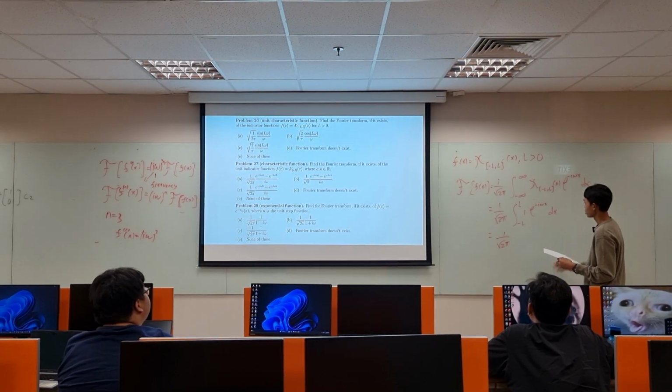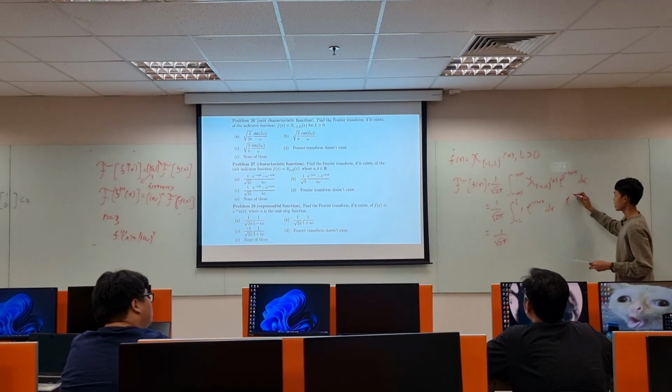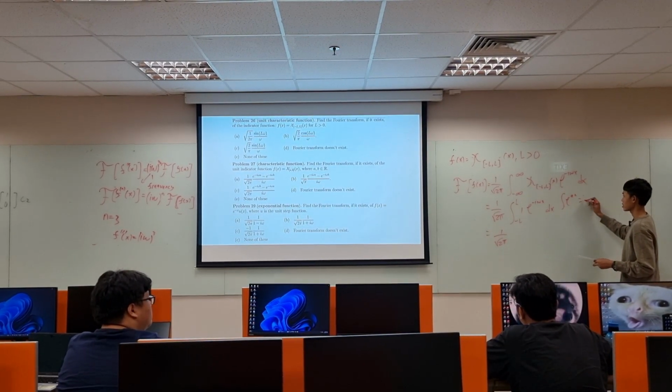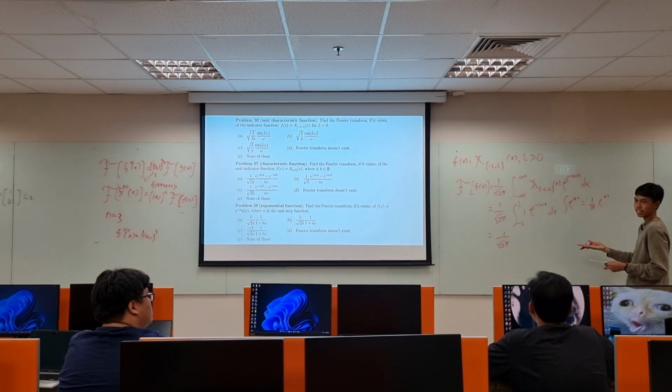So we integrate this. The integral of e to the ax is 1 over a times e to the ax, right?